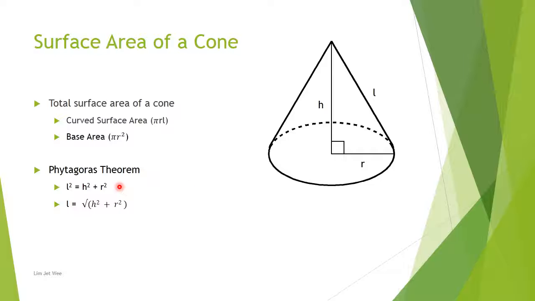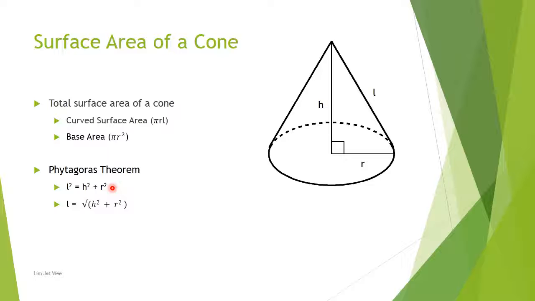Based on my Pythagoras theorem, the L square is actually the sum of the two sides, H square plus R square. So this is actually created from the Pythagoras theorem.